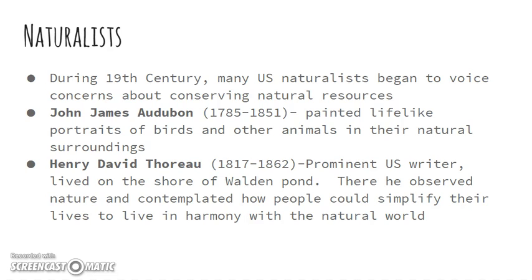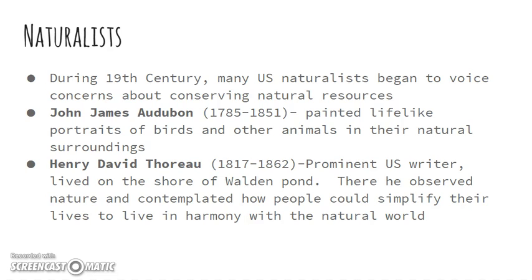So there came about some naturalists. And so during the 19th century, many U.S. naturalists began to voice concerns about conserving these natural resources because we were cutting down all these forests and using all these resources without thinking about the repercussions. And so the first person, he didn't really speak out, but he kind of painted.